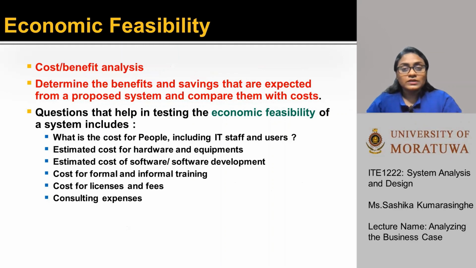During the economic feasibility study, a cost-benefit analysis is conducted to determine the benefits and savings that are expected from a proposed system and compare them with the costs. Sample questions that help test economic feasibility are shown here.